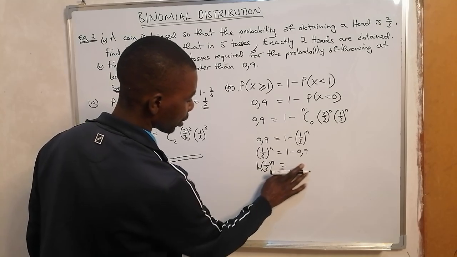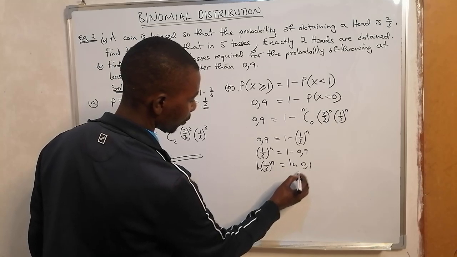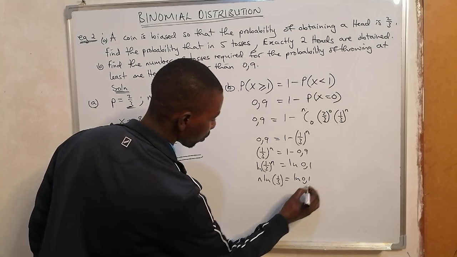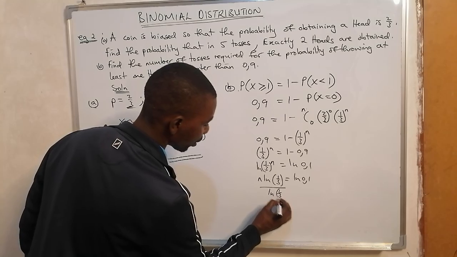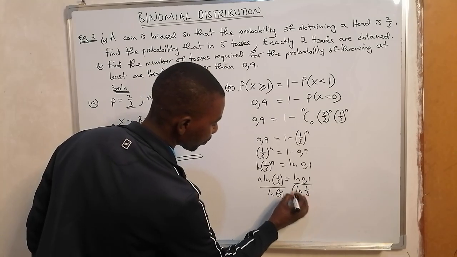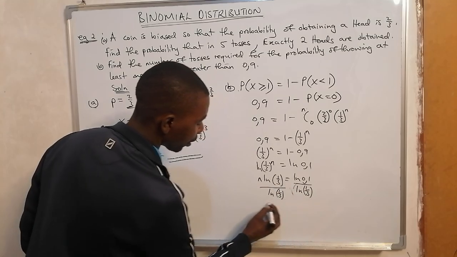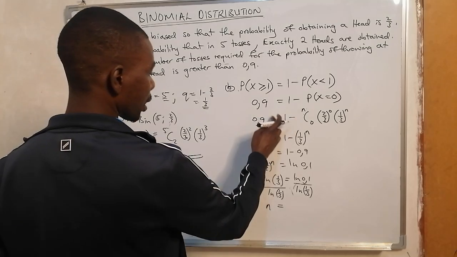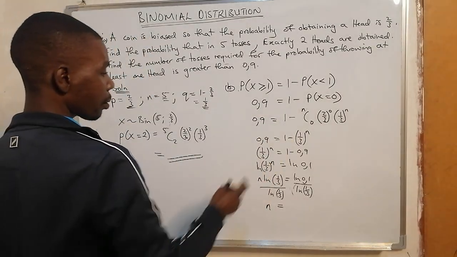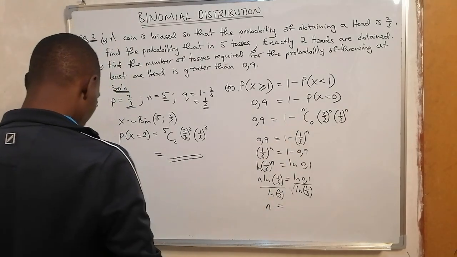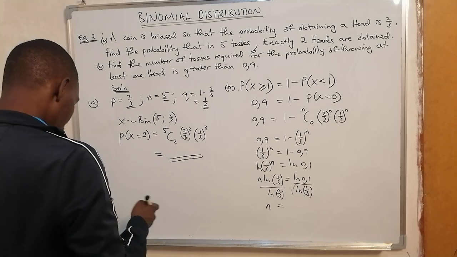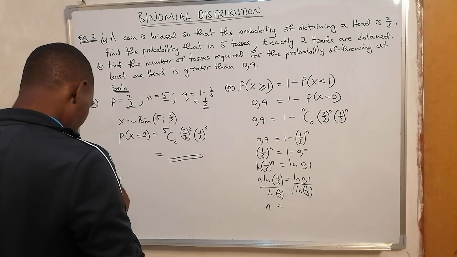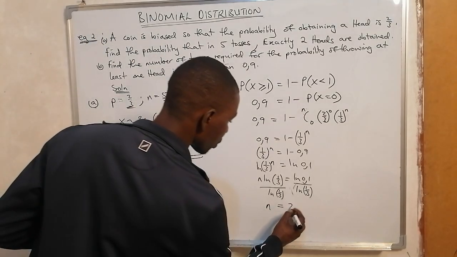Then introducing logarithms both sides, we have n ln 1 over 3 is equal to ln 0.1. Then divide by ln 1 over 3. Therefore, our n is equal to ln 0.1 over ln 1 over 3, and punching that in your calculator will give you 2.09.